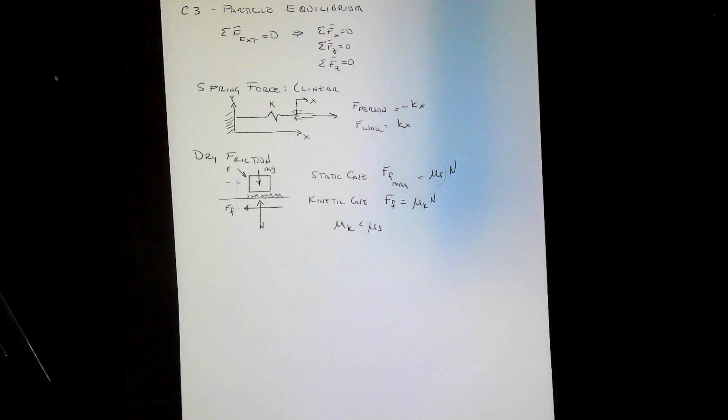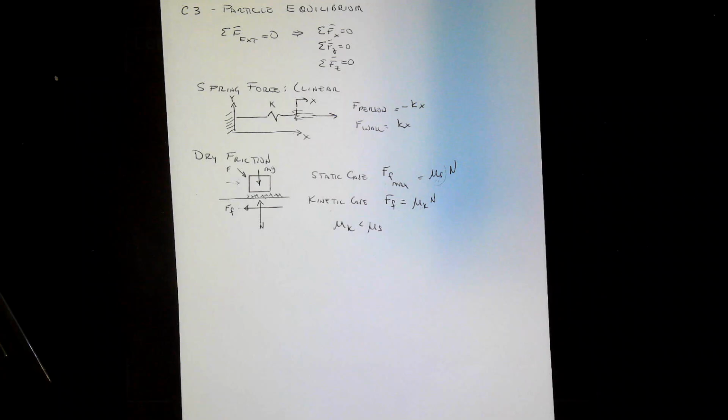Now in the kinetic case, it is moving. So in that case, we know exactly what the friction is. The force of friction is μk times N. So if it's moving, find the normal force, multiply by μk, and you know the exact friction force working against you. Until we get into the dynamics part of the course, that isn't happening, so we don't have to worry about that too terribly much.